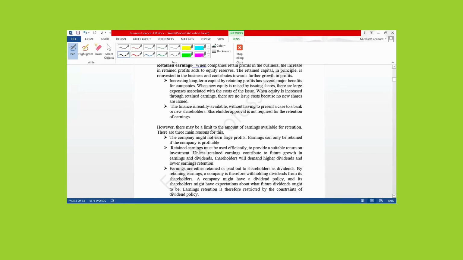Number 2 limitation. Retained earnings must be used efficiently to provide suitable return on investment.